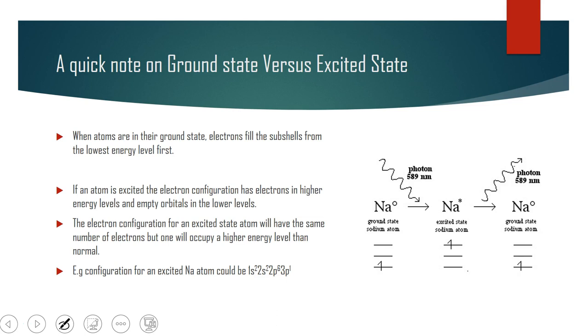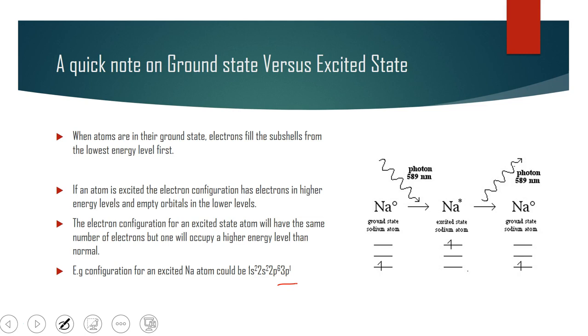So we will see an excited sodium atom here, 1s2, 2s2, 2p6, and instead of 3s1, it's given the configuration here 3p1, which means our s1 electron has actually jumped to a higher energy level in a p orbital, and we can see it's excited.